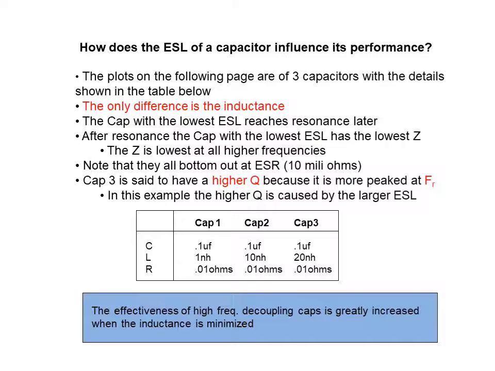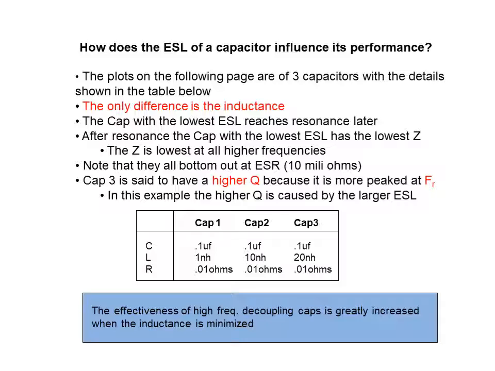Now, second, how does the equivalent series inductance of a capacitor influence its performance? On the next page you see a plot with three capacitors as shown in the table below. For cap 1, cap 2 and cap 3, the capacitance is around 0.1 microfarad and the resistance is around 0.01 ohms.